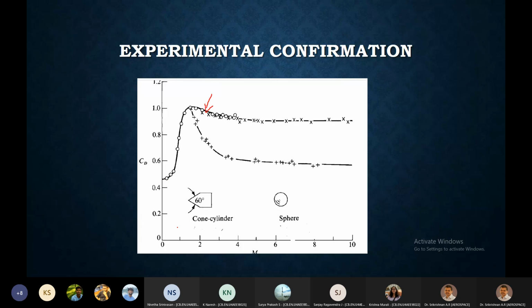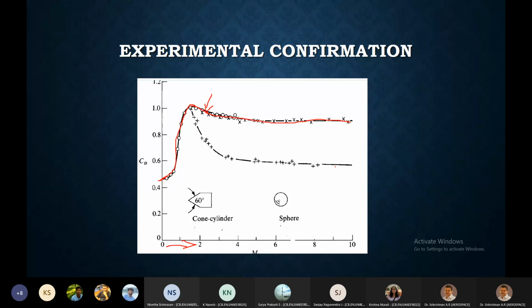You see that as Mach number increases from 0 to 2, the CD value increases. CD, what is CD? The non-dimensional drag force. So the coefficient of drag increases with Mach number and reaches a maximum value and then reduces a little bit. And these are experimental values again. And then they tend to be almost constant.